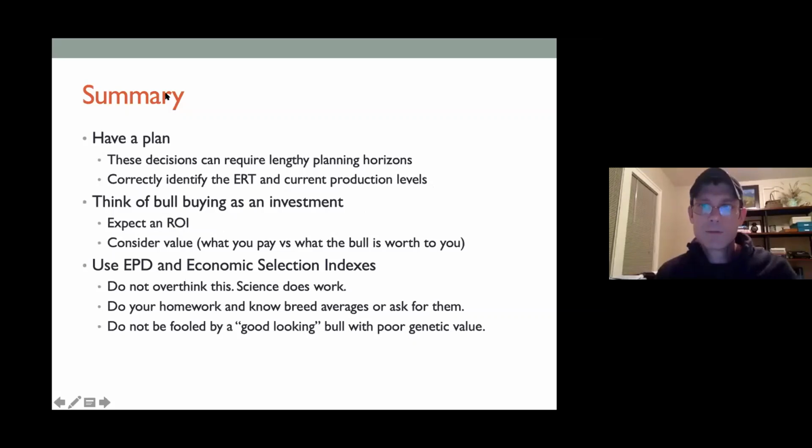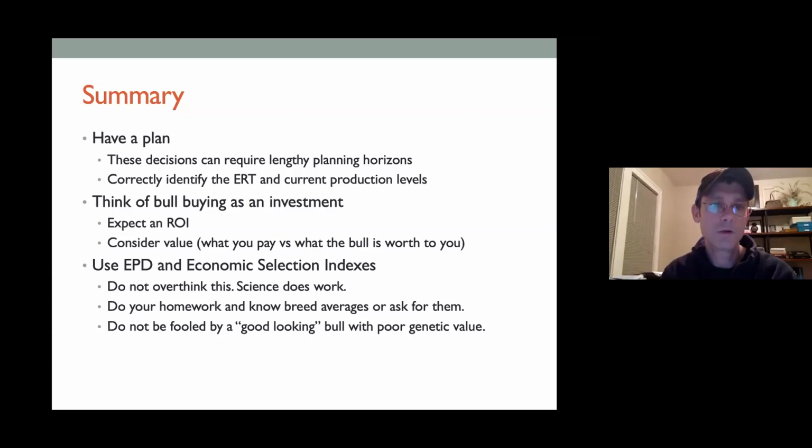Well, to summarize perhaps the more formal part of this, I just can't overstate how important it is to have a plan. If you show up to a bull sale thinking, I'll see how this goes and I'll buy a good bull, it's a failed investment from the start, right? You have to have a plan. And particularly if you retain replacement females, that can be a lengthy planning horizon.